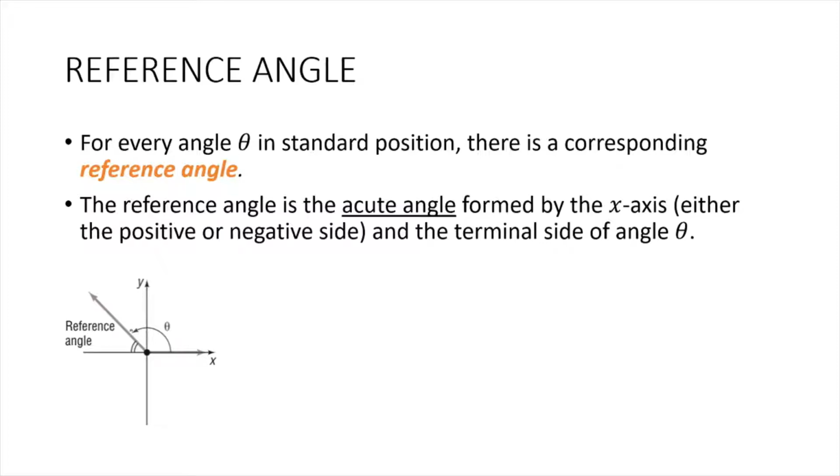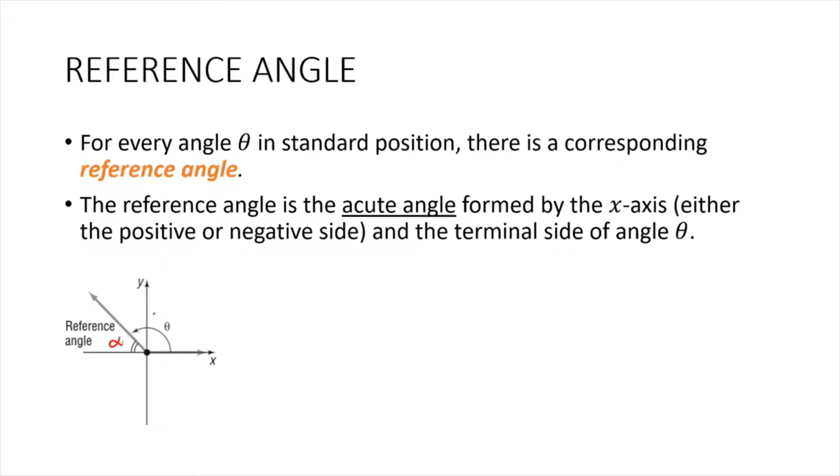This is the terminal side. The reference angle in this case is formed by the terminal side and the negative x-axis. So you look at an acute angle formed by the x-axis, either the positive or the negative side of the x-axis. Then that's your reference angle, say angle alpha.